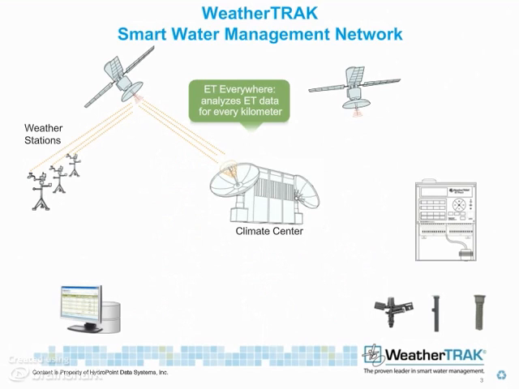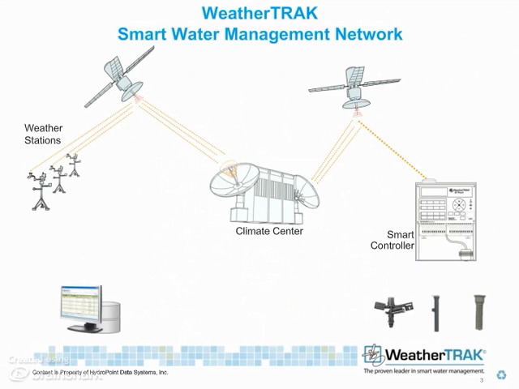Once the controller receives that ET value, it then applies it to each station, or the controller tells each station how much water evaporated yesterday. Then, using the WeatherTrack scheduling engine, each station decides first whether it needs to water or not. And if that station does not need irrigation, then it will take the day off.